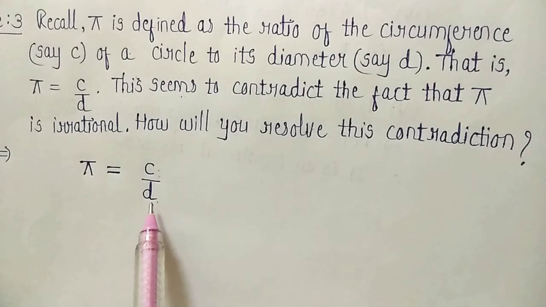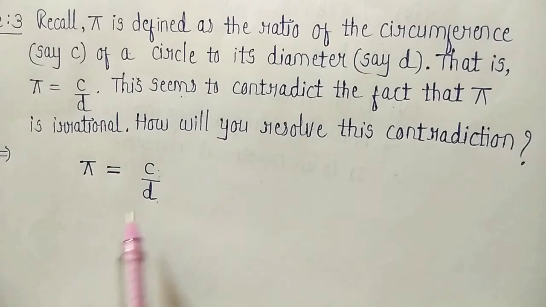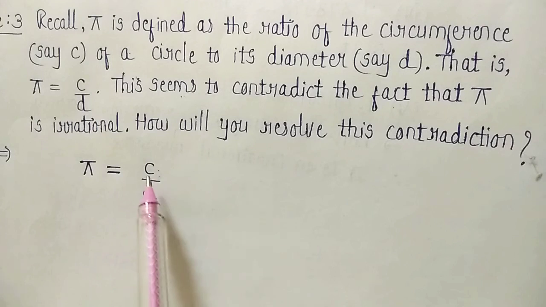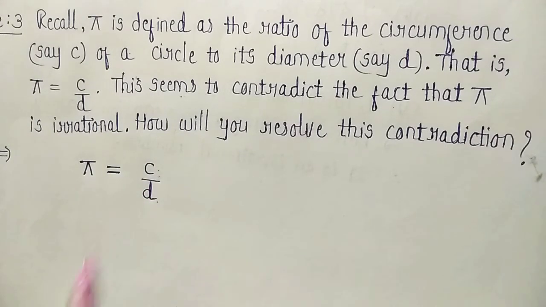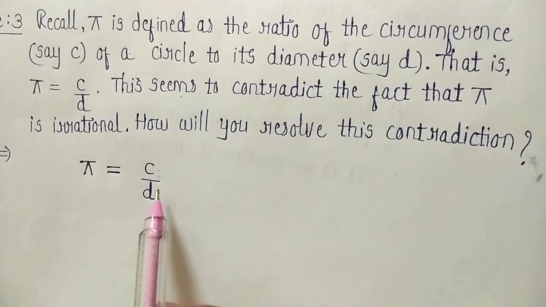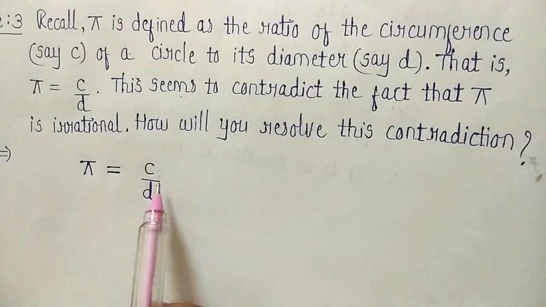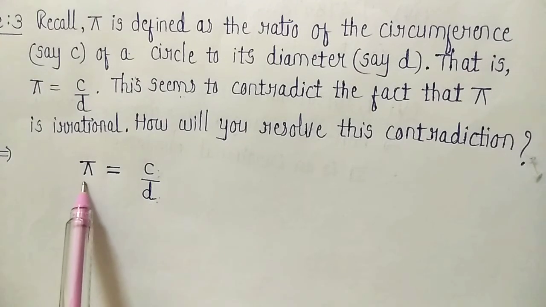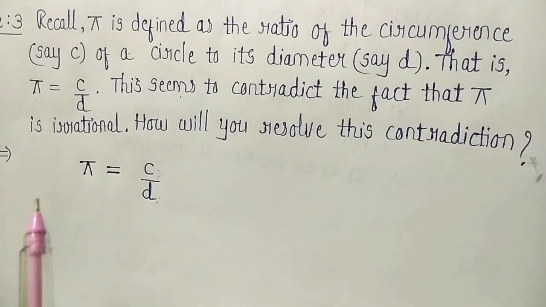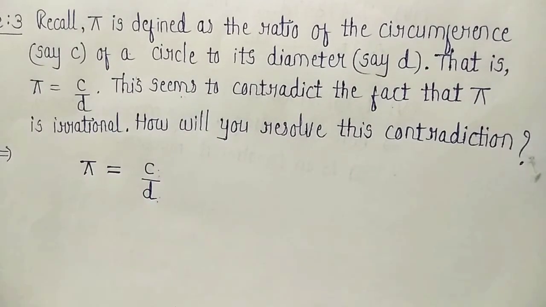We measure diameter with the help of a scale, then it is a rational number. Then how is it possible that pi will be an irrational number? If circumference is rational, diameter is rational, and this is the division of both, so the quotient of these two will be a rational number only. But here we are getting pi as an irrational number. How is it possible? We have to answer this question.